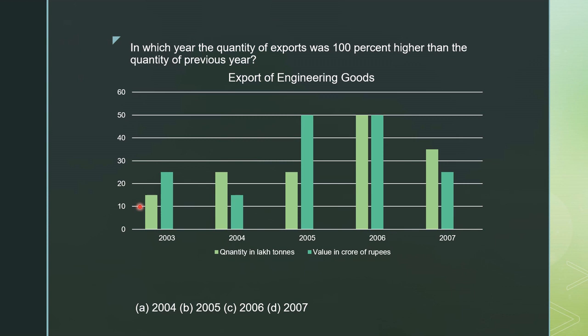So we got the quantity of export compared with the previous year, right? Next option is 2005. When we consider 2005, we have to consider it with respect to the 2004 value. So in 2005 it was 25 and in 2004 it was also 25.